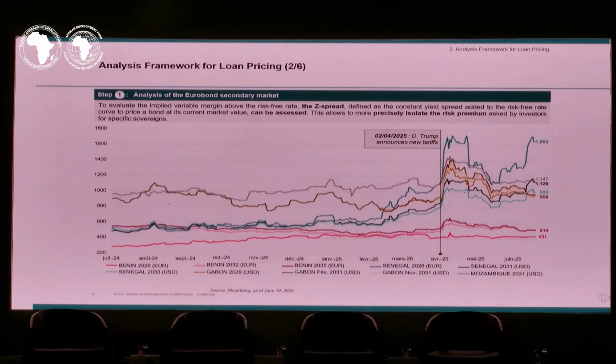Another great element for this first step and benchmark that is useful is the Z spread. It is another great indicator that can be looked at as part of this first step, as the Z spread allows to isolate the country risk premium over the risk-free rate.